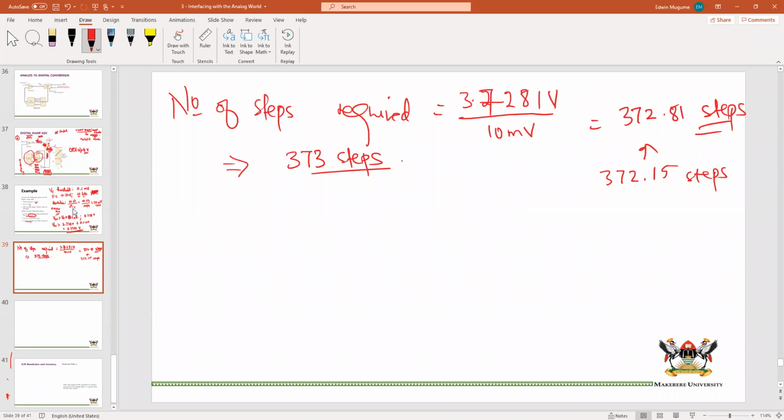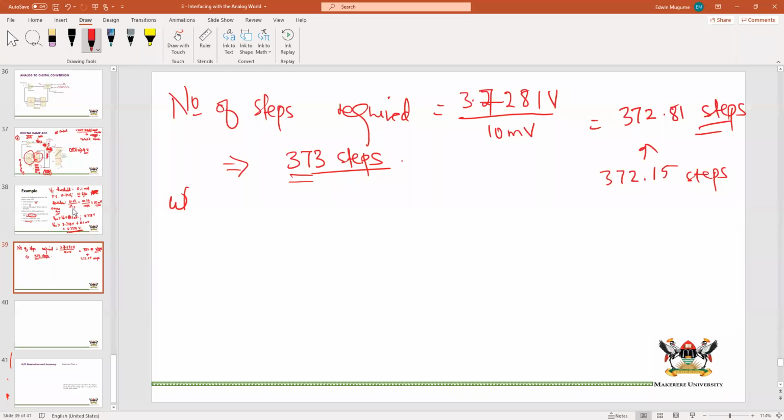If you go lower, you will violate that requirement, and that will be wrong. So we always go to the next higher one. This is not the same as in the last lecture when we were looking at how close we can get to a certain value, because that was in DACs. This is in analog to digital converters.